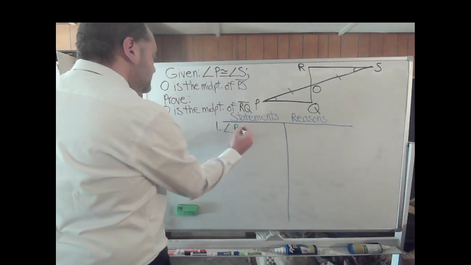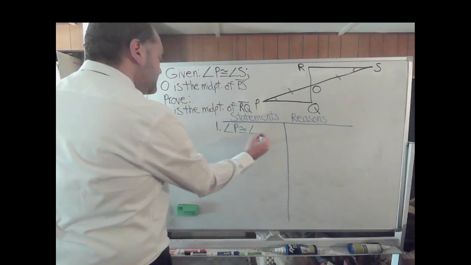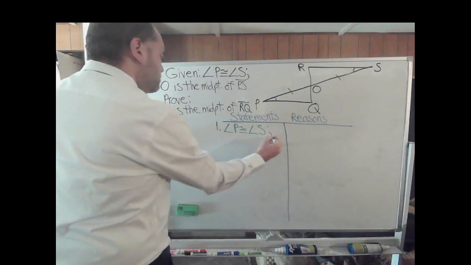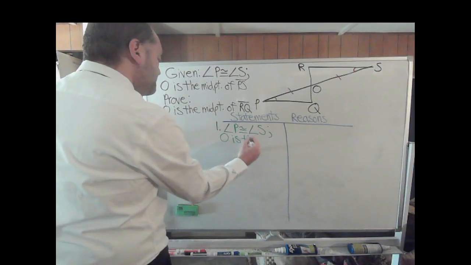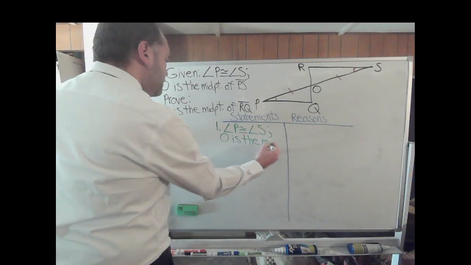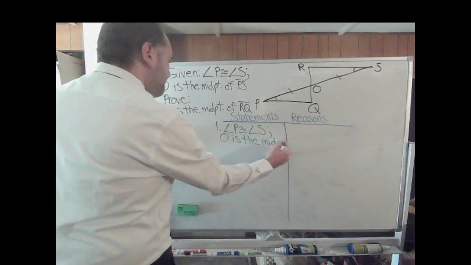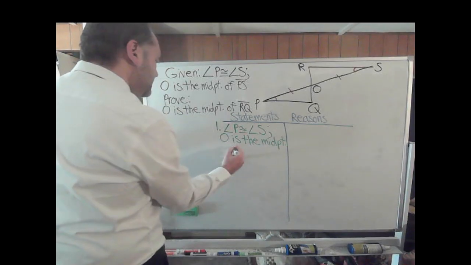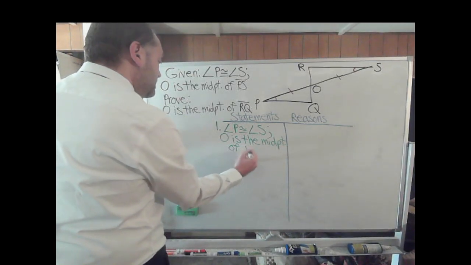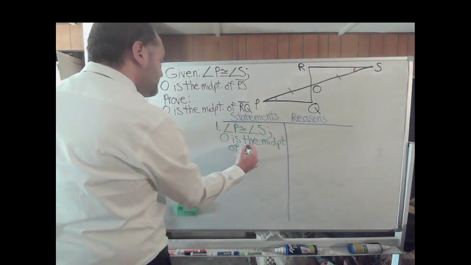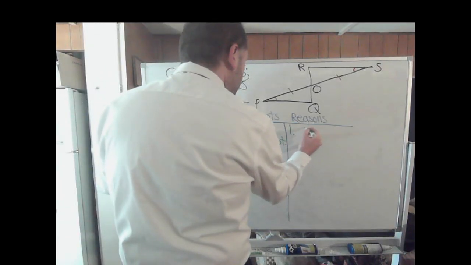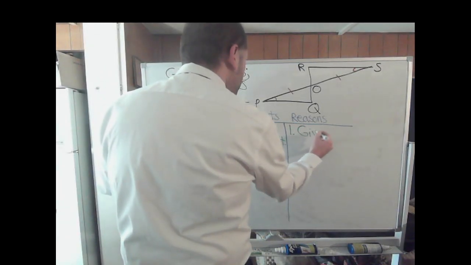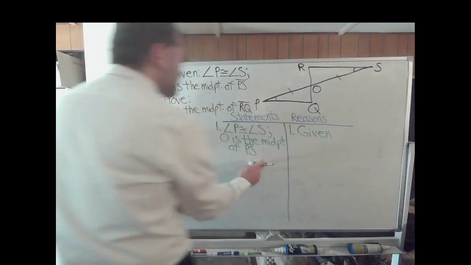Angle P is congruent to angle S, as well as the fact that O is the midpoint of PS. Of course, the reason for that statement is it was given to us. These two pieces of information were given to us.